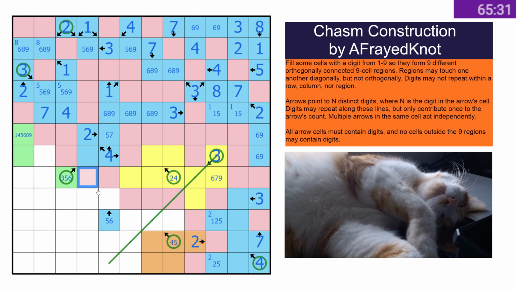Yeah. So these are both orange, which certainly means something, I'm sure. What's the what?